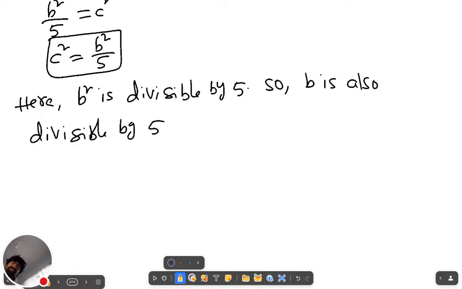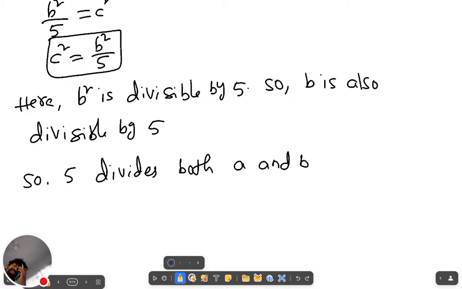So that means 5 divides both a and b. Before, we got a is divisible by 5. Now we got b is divisible by 5. So 5 divides both a and b.